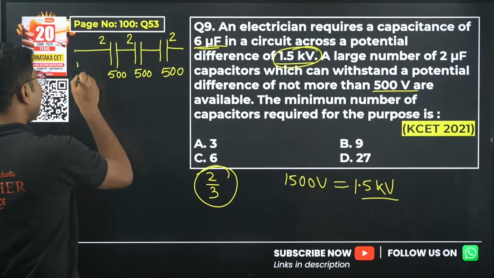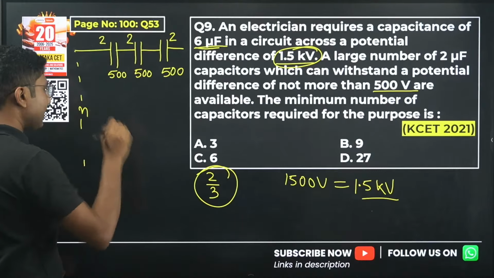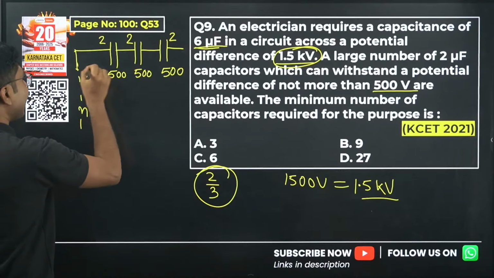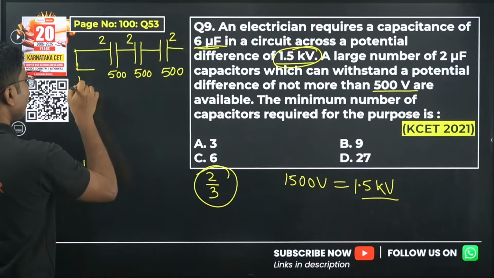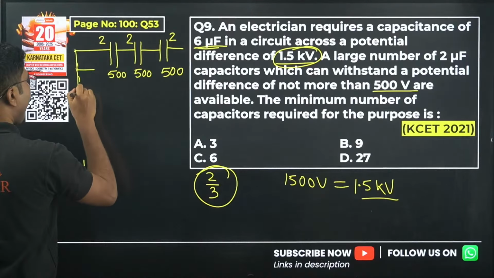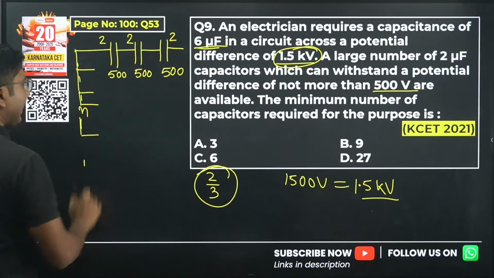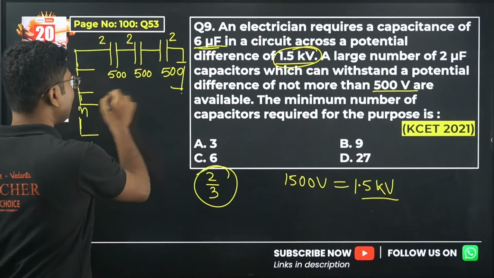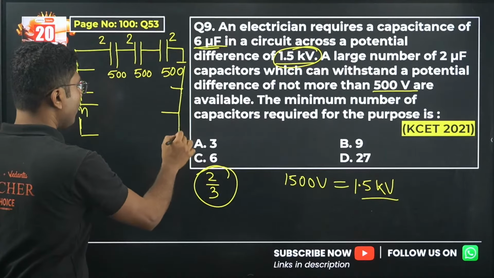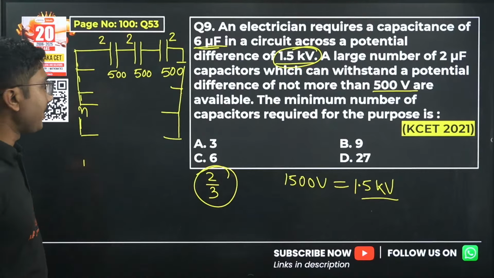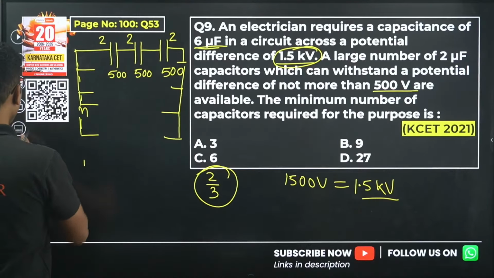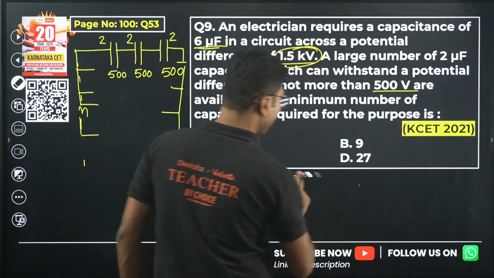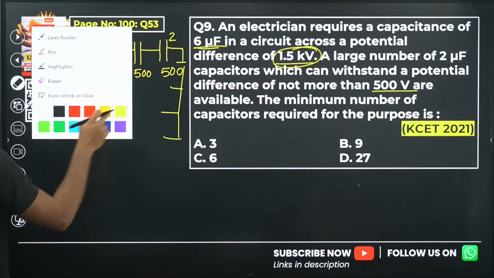Now suppose we connect n such lines in parallel, so that the overall capacitance increases. Each line has 3 capacitors, so the voltage rating stays constant at 1500. When you connect multiple capacitors in parallel, their capacitances get added.